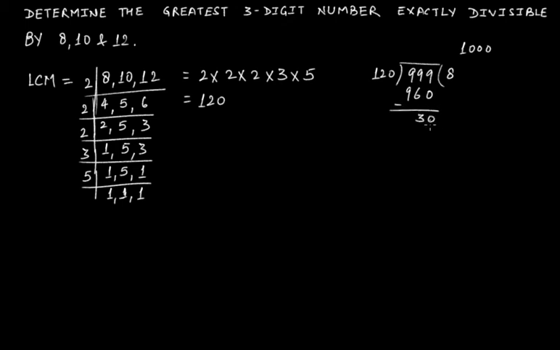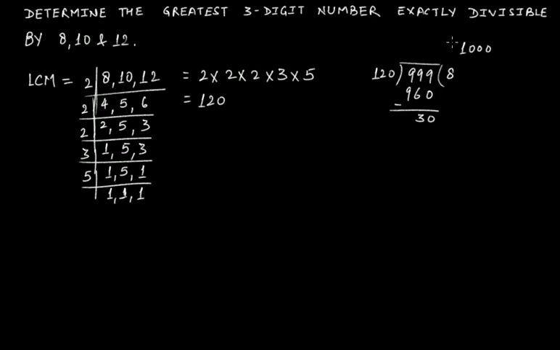Now you can see that 999 is the greatest 3-digit number, but if you multiply 120 by 8, you get 960, and if you multiply 120 by 9, you will get a 4-digit number, and you don't need that. You need the greatest 3-digit number that will be divisible by 120. So of course that is 960, because 120 times 8 is 960.